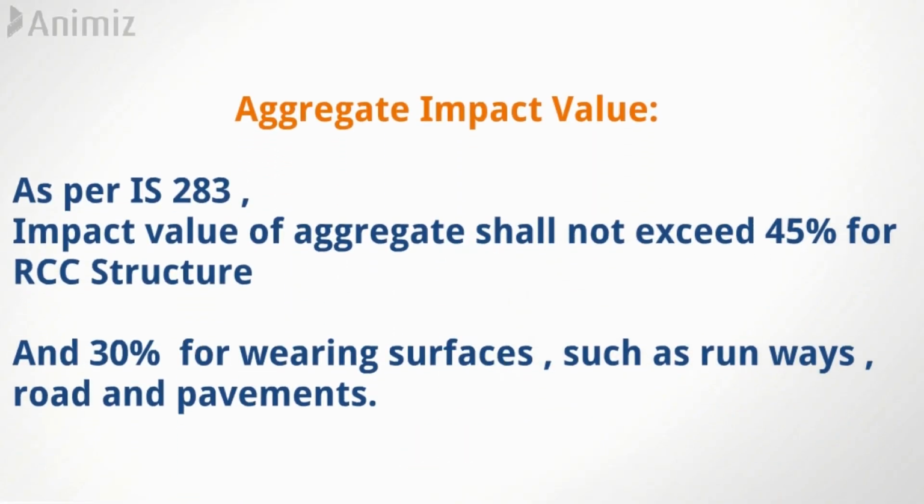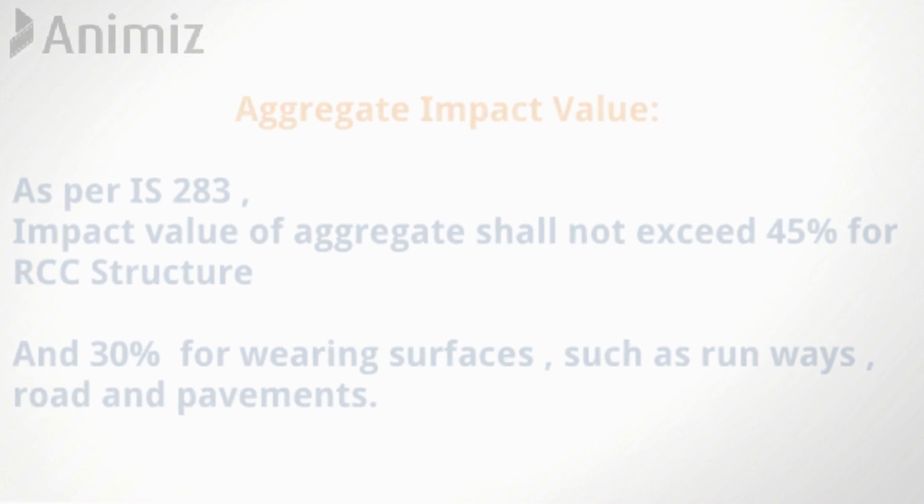As per Indian Standard 283, the impact value of aggregate shall not exceed 45% for RCC structures and 30% for wearing surfaces such as runways, roads and pavements to ensure the durability of the structure.